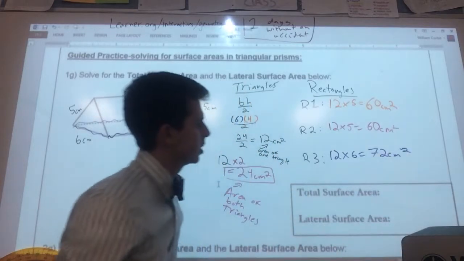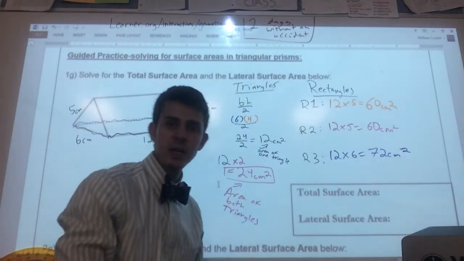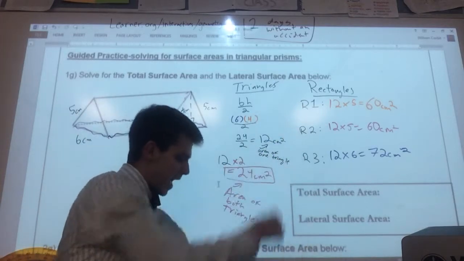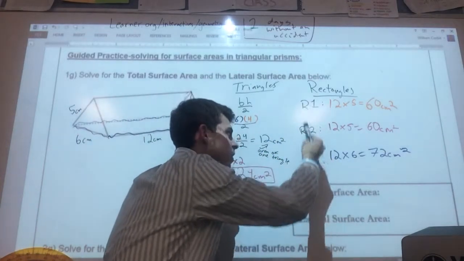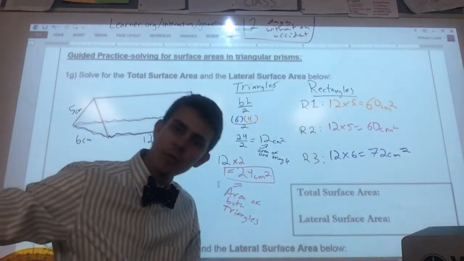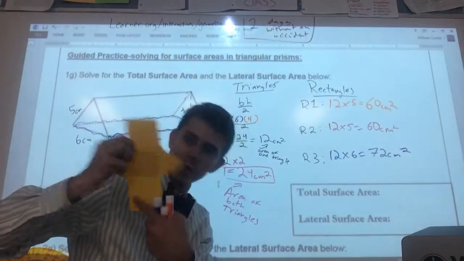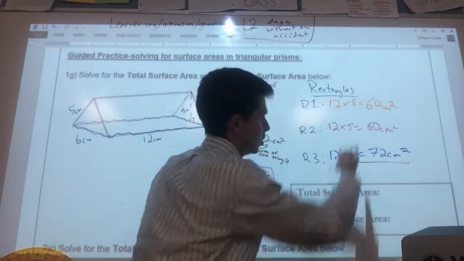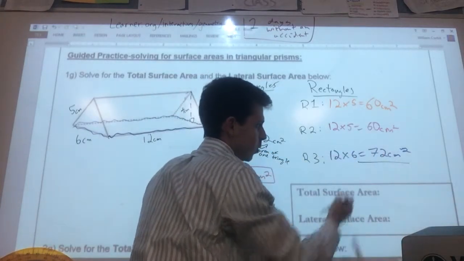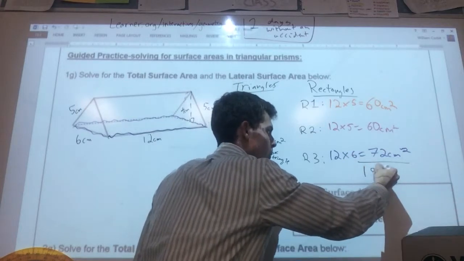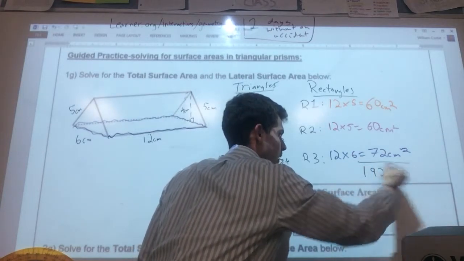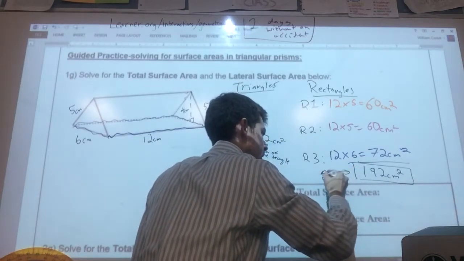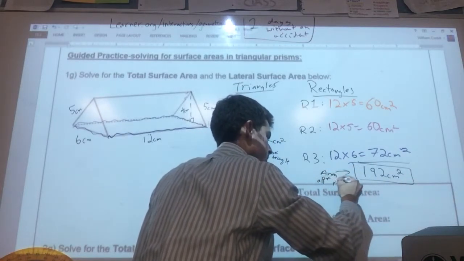Now I've done all the calculations, or most of the calculations. Very neat, it's very tidy even for a messy guy like myself. Now we just need to add all these up here, because these are the areas of the 3 rectangles. We want the area of all 3 rectangles. So 60 plus 60 is 120, plus 72 is 192 centimeters squared. And this is the area of all rectangles.